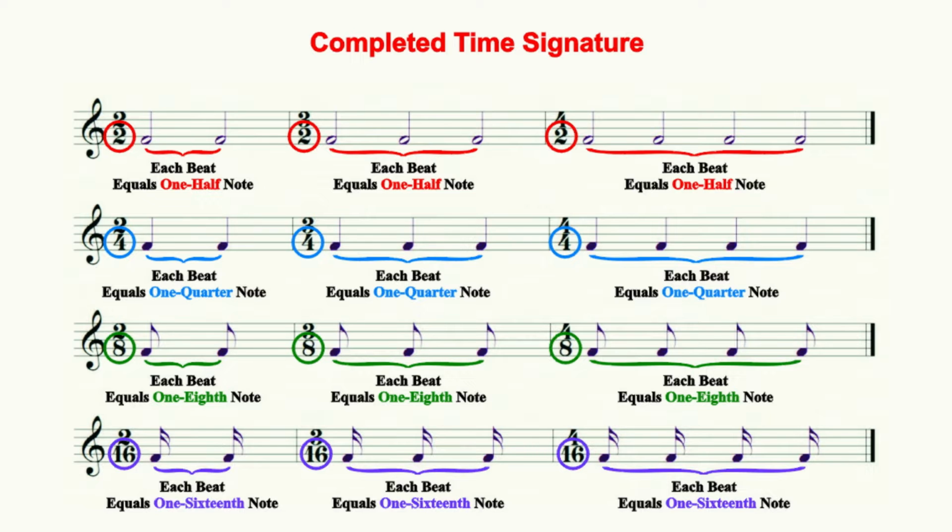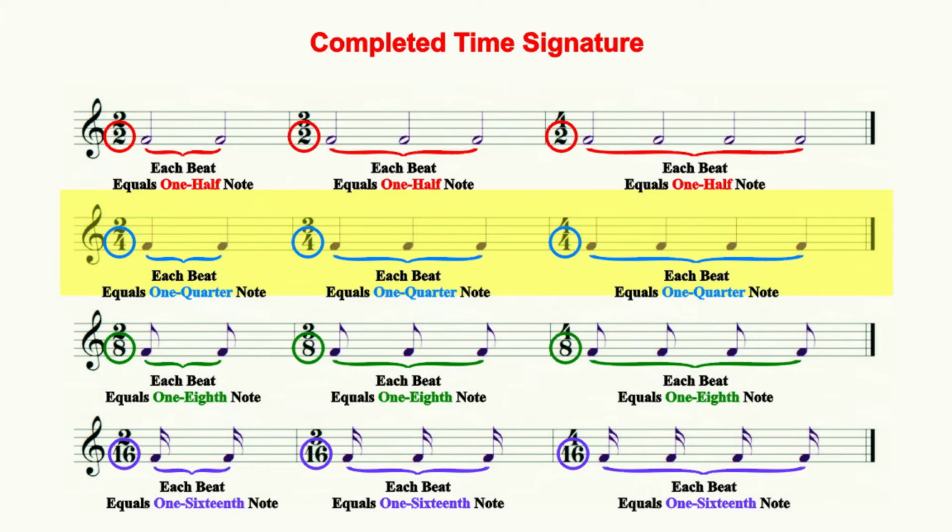The bottom numbers indicate note values in the following manner. The number 2 indicates the value of a half note. Thus, a time signature of 2-2, 3-2, or 4-2 indicates that there are 2, 3, or 4 beats per measure and that each beat has a value of one half note.